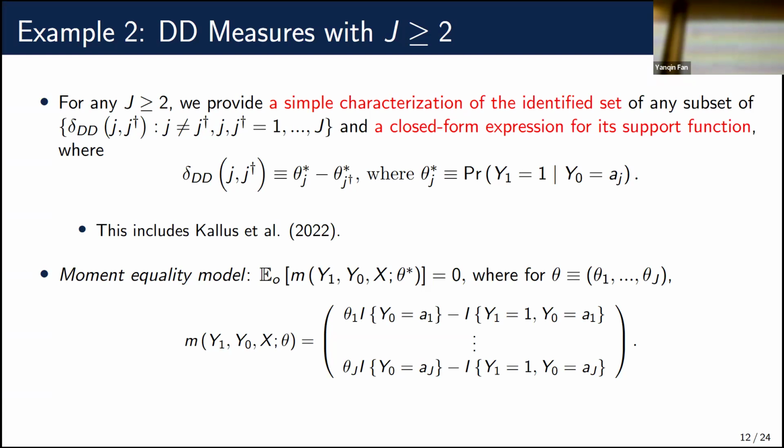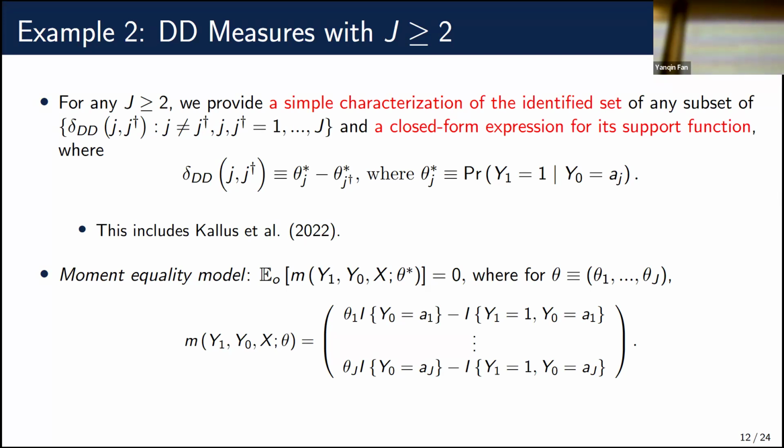So we instead re-express this problem as a moment problem, a moment model. That's what I introduced earlier. And this example, in fact, it's amazing. If you look at it, it's a very simple example of a moment condition model. Why? Because, remember that's a theta star, right? So this is just a conditional probability.